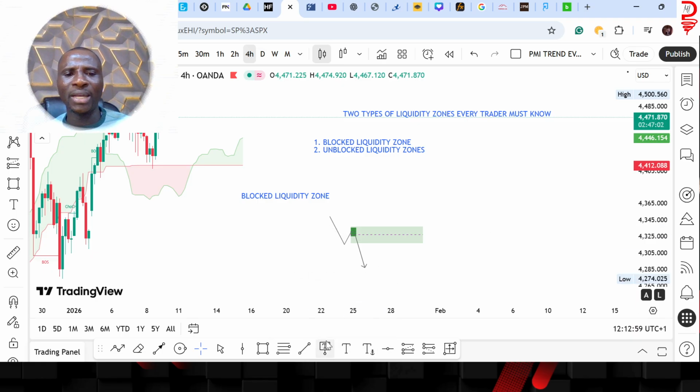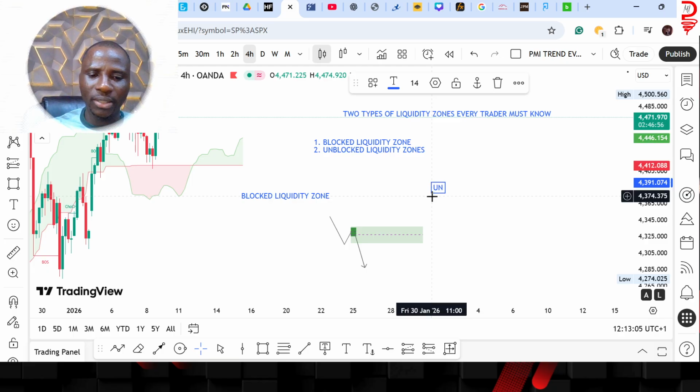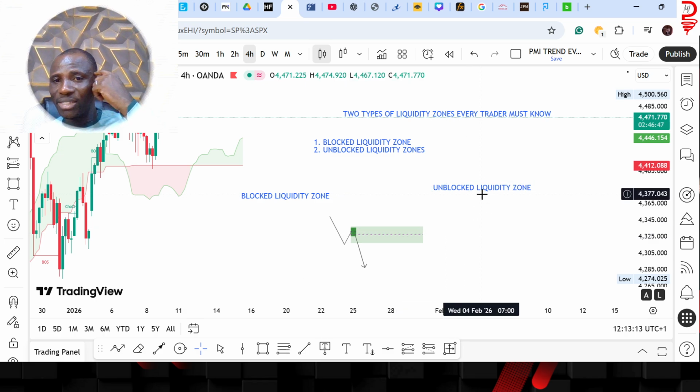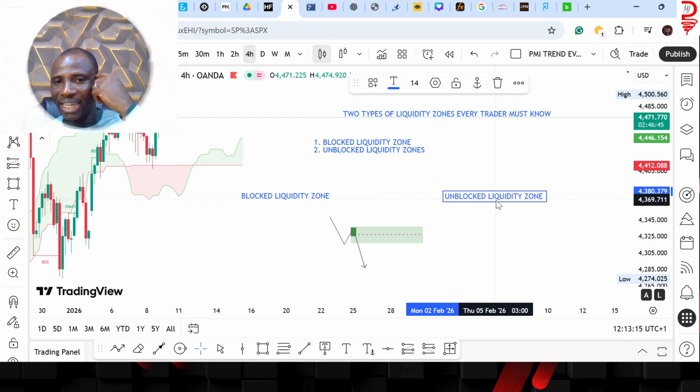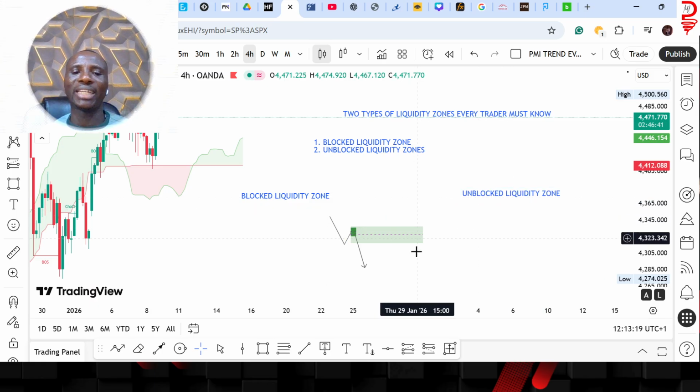The second type is the one we call unblocked liquidity zone. In fact, this one is very, very dicey. And this is why a lot of people, if you are not really careful, will just be confused in the market about what is happening and what pushed this market.